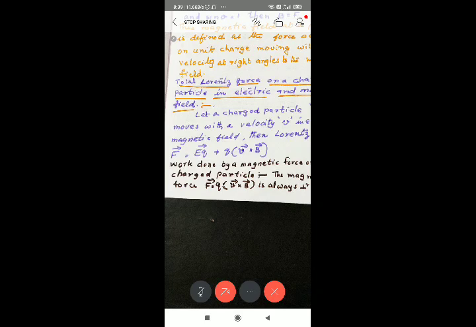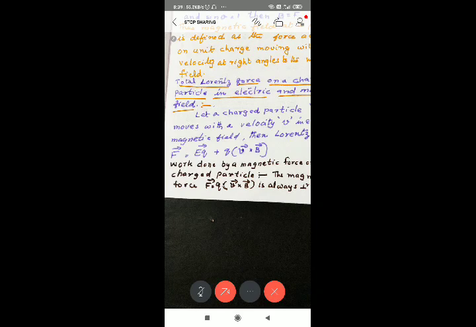How? Velocity is changing, not in magnitude, but in direction. Velocity change may be in magnitude or direction in order to have acceleration. So it is an accelerated motion, agree, because direction is changing. But magnitude is same. Magnitude is not changing. No work is done.